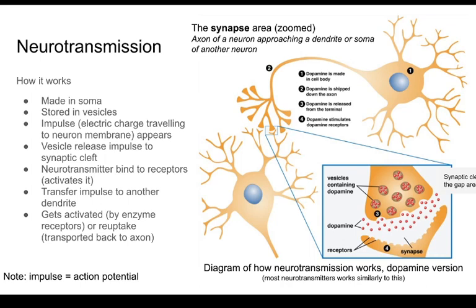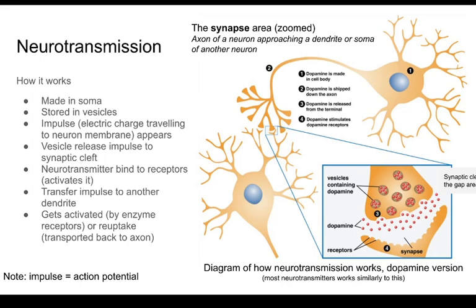So as you see in this picture where it's zoomed in, it shows you how neurotransmission works. Basically, the neurotransmitter is made in the soma, and then it's stored in the vesicles, in these circular areas, before it gets released into the synapse area. And then the impulse, which is an electric charge traveling along the neuron membrane, appears, and it will release the vesicles.